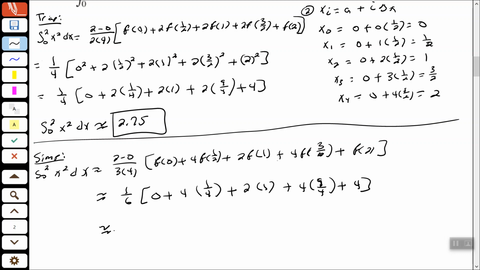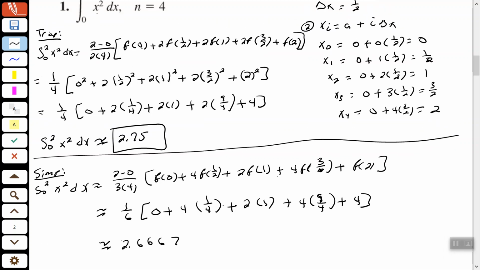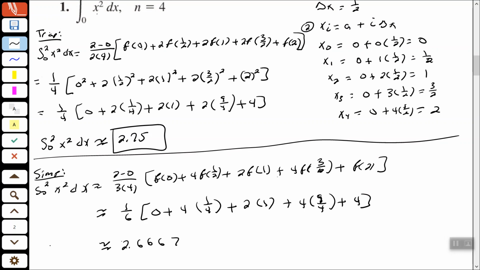Then if you perform those calculations on the inside, get that sum and multiply it times 1/6, you get approximately 2.6667. Make sure you round according to your instructions. And that's using Simpson's rule, which is usually a little bit closer. We can only use Simpson's rule if n, the number of intervals, is even. It's usually a better approximation.